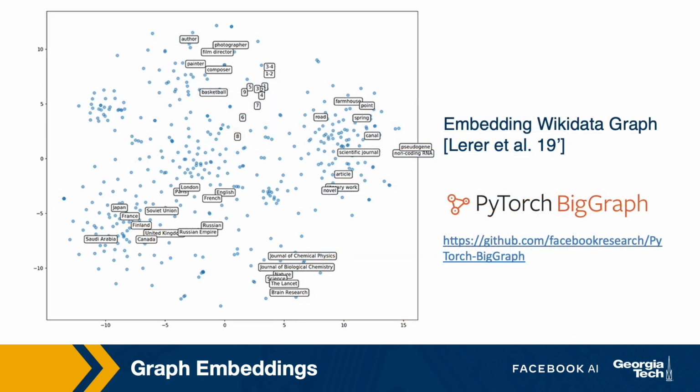Let's take a look at a two-dimensional t-SNE visualization of the entire Wikidata graph from the PyTorch BigGraph project. We follow the method in TransE, but we scaled it to 55 million entities and 3 billion edges with 5,000 different relations. So this is a huge graph. The picture on the left is the visualization of the top 500 popular entities on Wikidata projected in 2 dimensions.